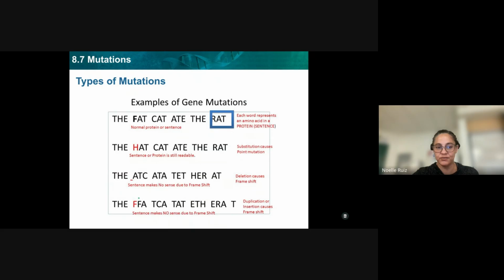It shifted the reading frame so that the sentence no longer makes sense at all. So these are examples of how these mutations would potentially affect the amino acids and eventually the whole protein.